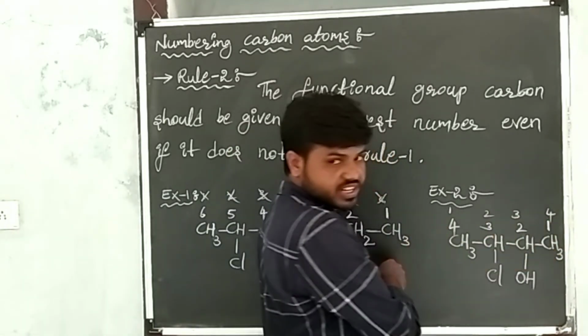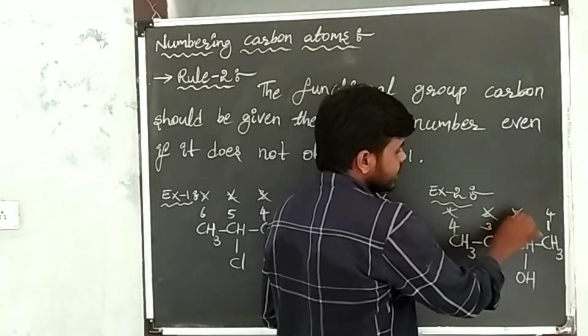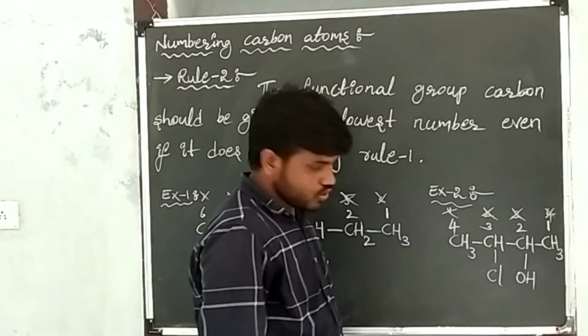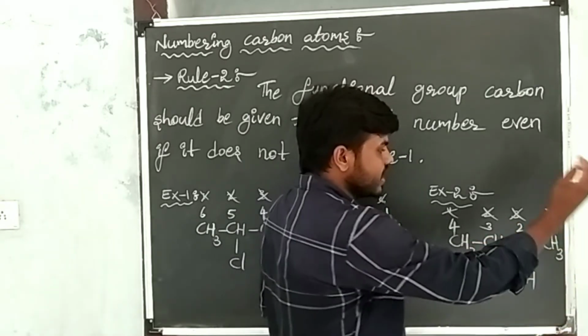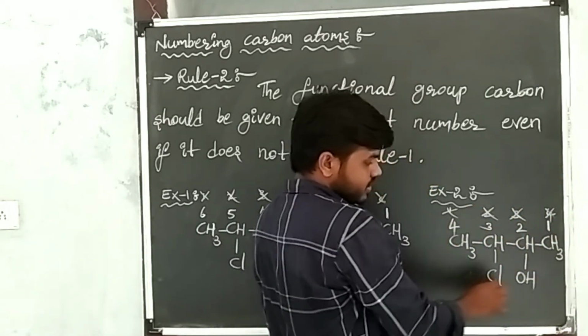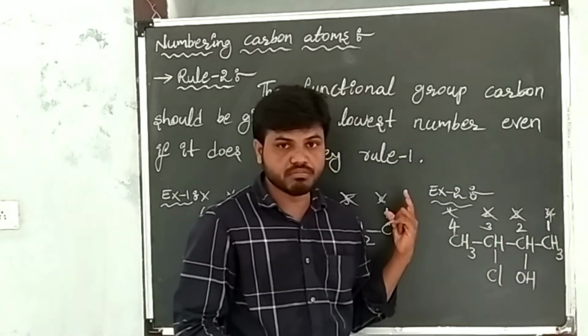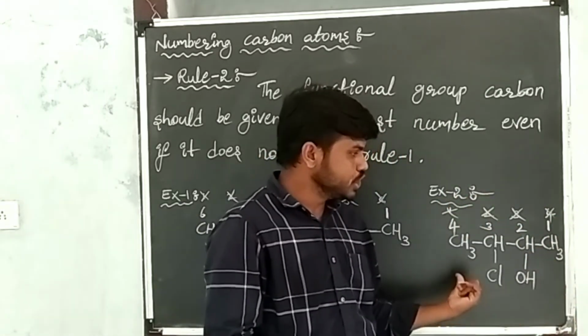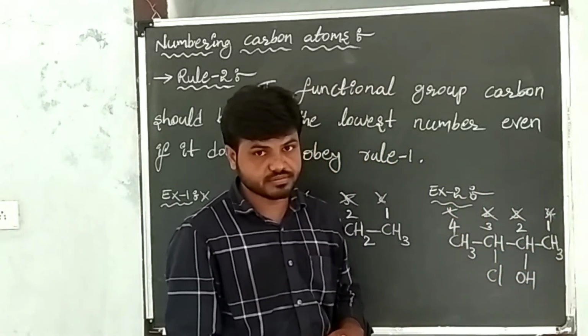So right to left is correct. Left to right numbering is wrong. So this is our required numbering. When you give numbers from right to left, then only this alcohol gets the least number for this carbon compound.